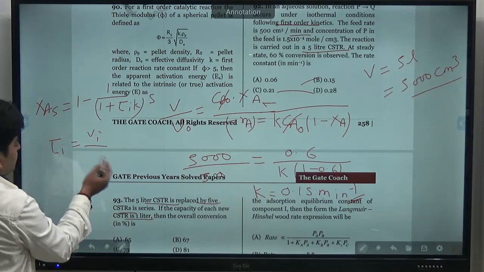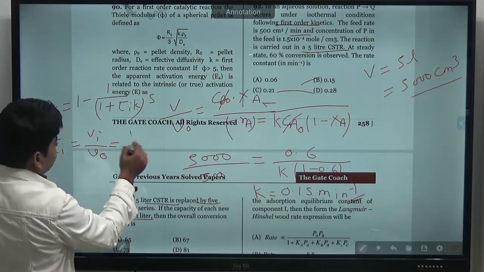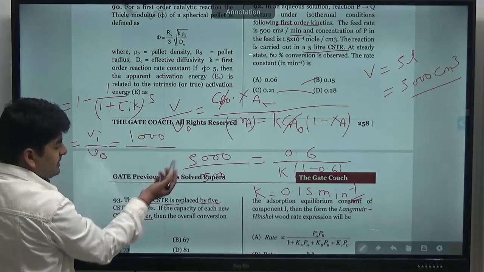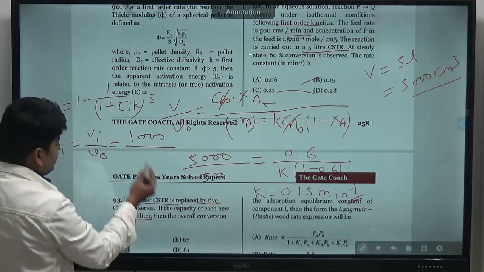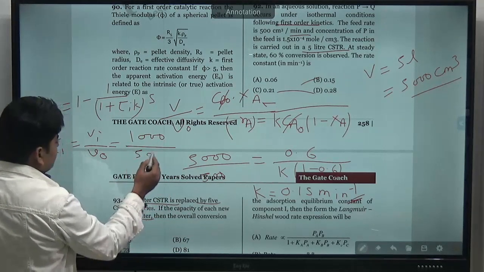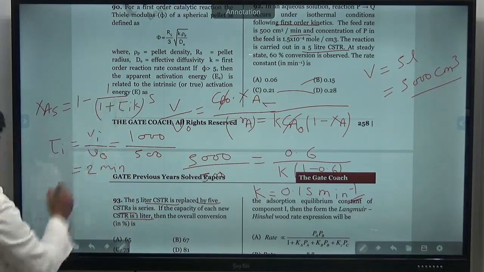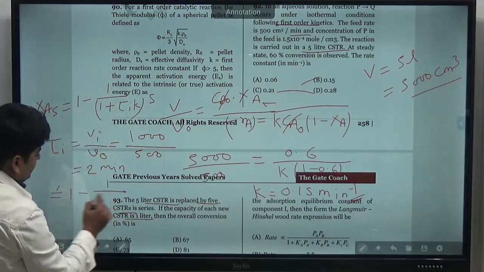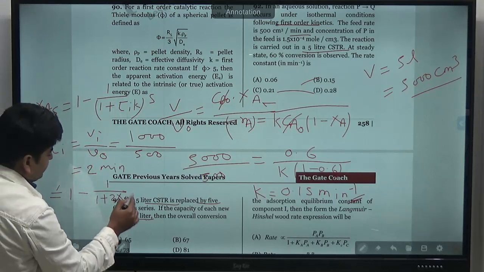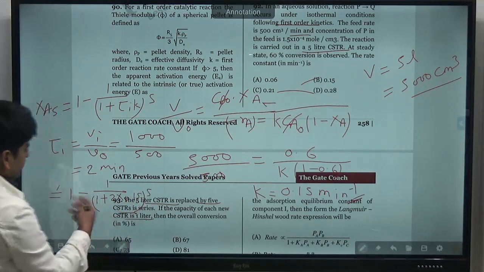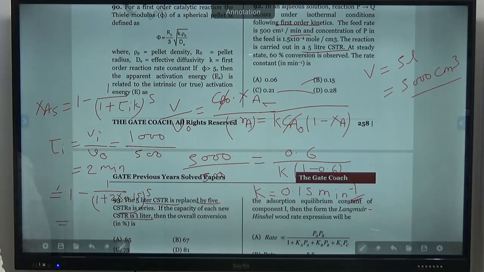Tau I will be equal to Vi upon V naught. Vi is 1000 cubic centimeter, 1 liter means 1000 cubic centimeter, V naught is 500. So tau I will be 2 minutes. So put these values here: 1 minus 1 upon (1 plus 2 into 0.15) power 5. So when you solve this, you will get your answer.